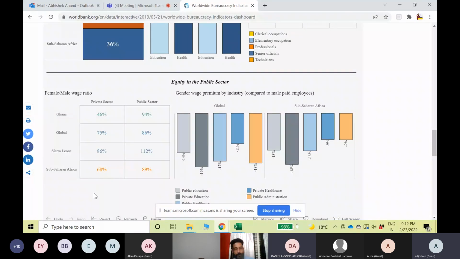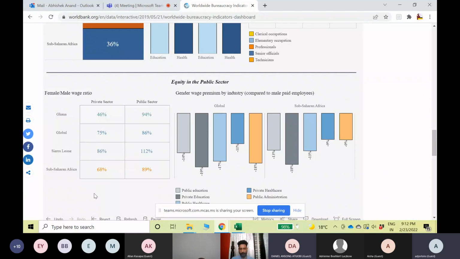Yes, regarding the wage disparity in the private sector, one of the reasons which I had alluded to was the fact that most women may not be versed in negotiating. One thing I have realized is that most women hardly change jobs in Ghana.